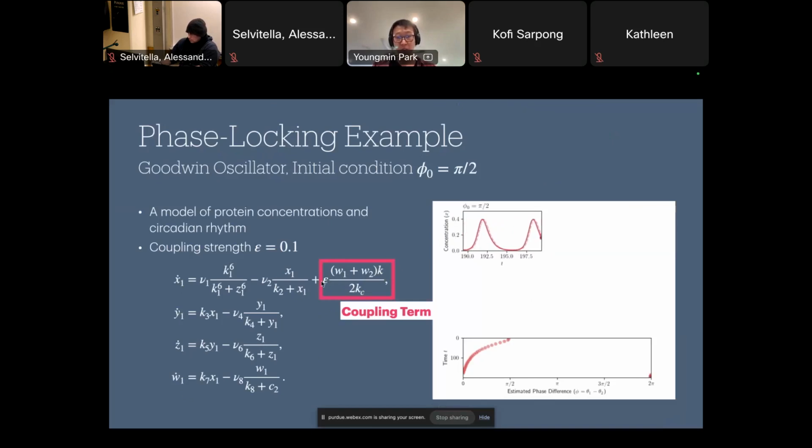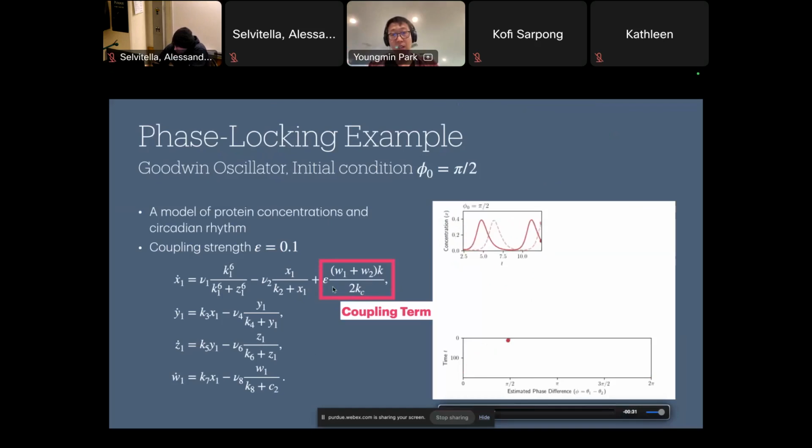There's an epsilon term here, which throughout this talk we will always scale the coupling term by, some constant that we can alter to change the coupling strength. If epsilon is like 0.01, then it's a couple orders of magnitude smaller than the amplitude of these oscillations. That's an intuitively weak coupling case.